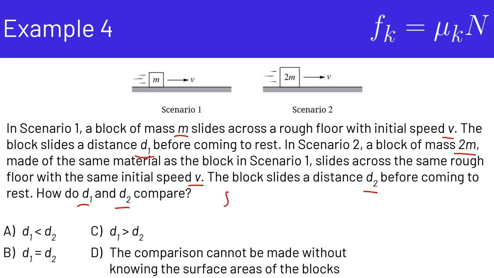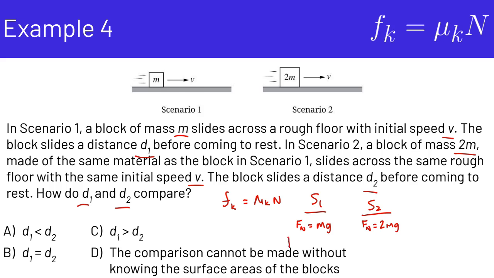Okay, so let's look at our friction situation here. So our kinetic friction is equal to mu sub k times the normal force. So for scenario 1, our normal force is going to equal mass times g. For scenario 2, our normal force is going to equal 2 mass times g.